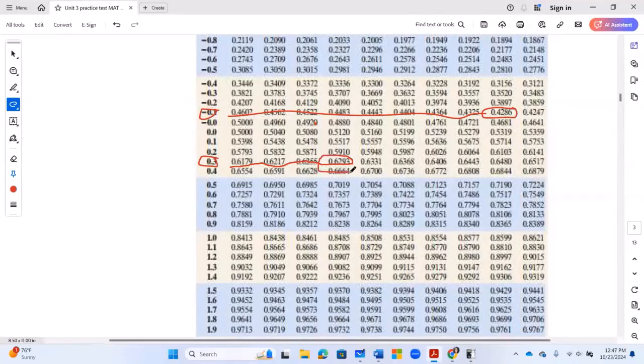So the area is 0.6293, approximately 62.93% if you're told to leave your answer in percent. So it doesn't matter if you read the chart. Some people like to read the chart. Some like to use the calculator. If you know how to do both of them, that is great.